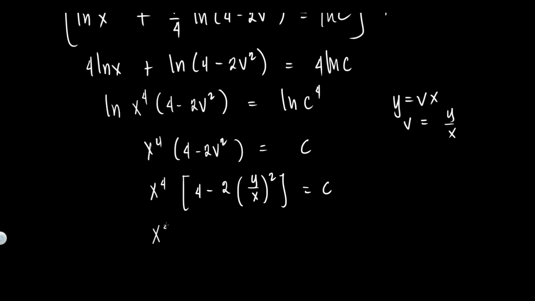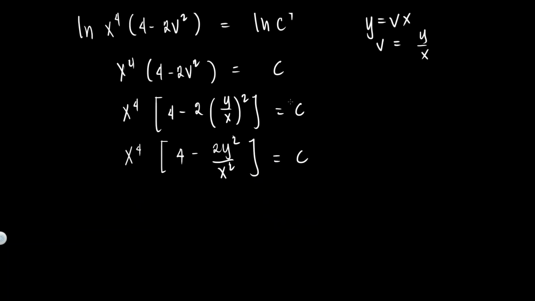So we have x to the 4th times quantity 4 minus 2y squared over x squared equals c. Okay? We can simplify this further by distributing. Let's see. So 4x to the 4th minus 2x squared y squared equals c. So this is the general solution.